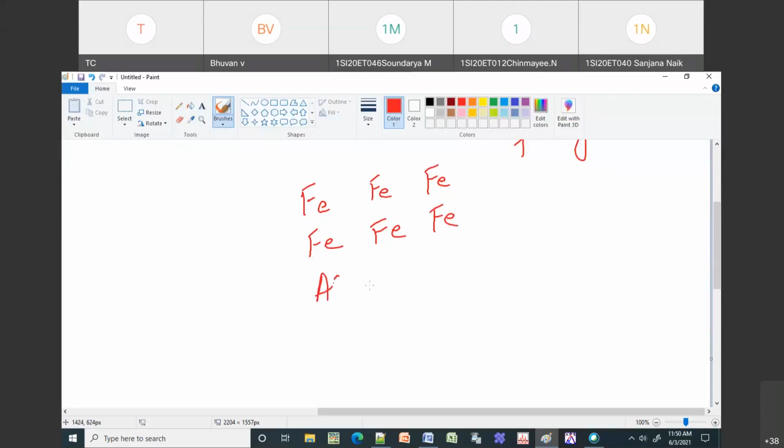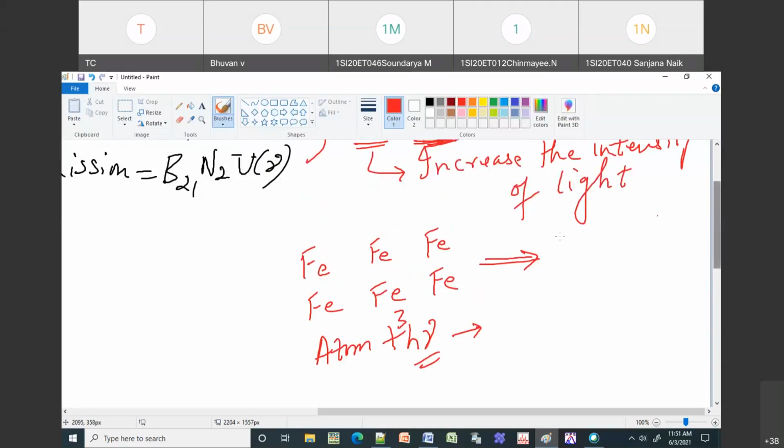So what I do is give some energy. If I send 3 photons, then 3 atoms will go to the excited state. I will write the same symbol, but the excited atom will be represented with a star. If I write star, that means it is an atom which is in excited state.